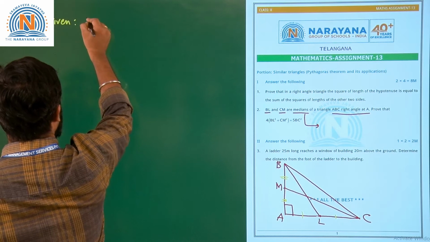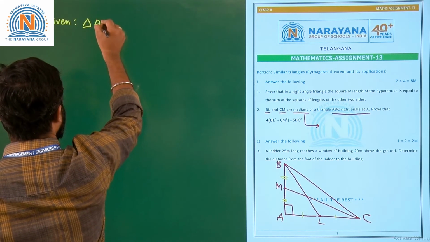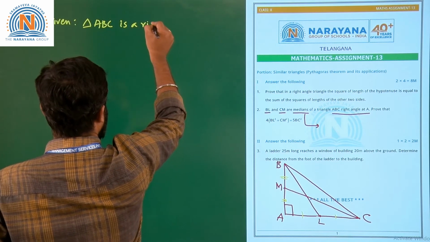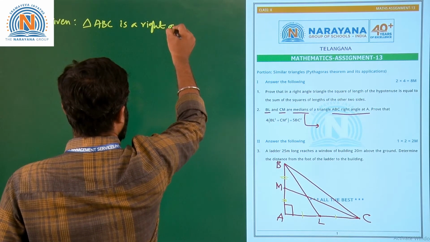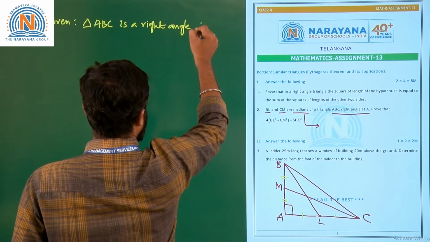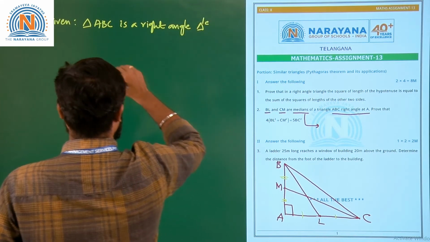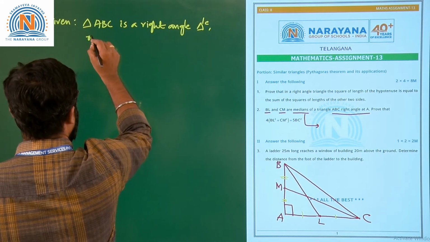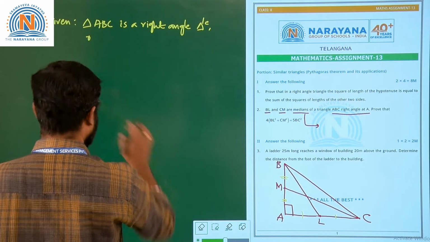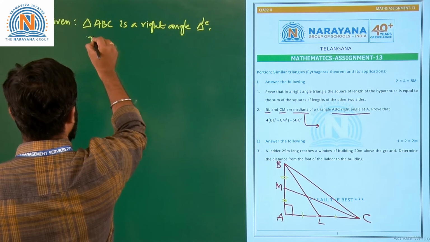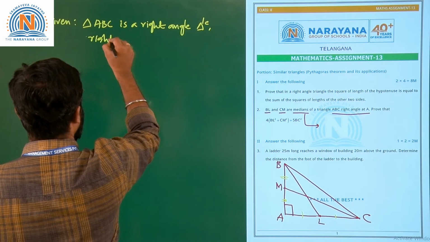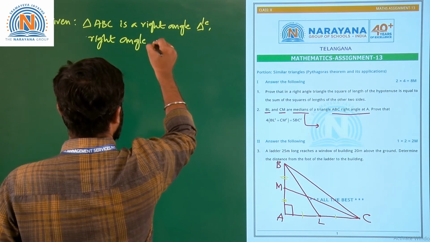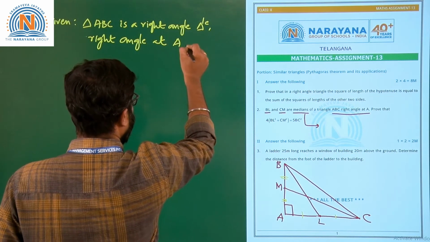What is given? Triangle ABC is a right angle triangle, right angle at A, isn't it?